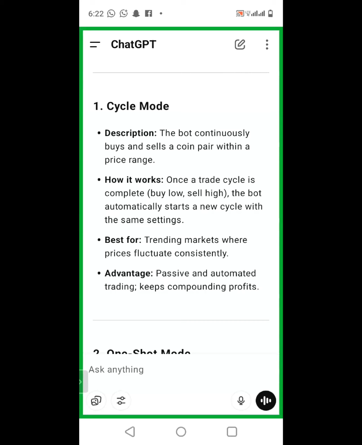When the robot buys the coin for you at a low price and sells it at a high price, and the market of that coin has finished, the robot will start it all over again without you being there. So that is the functionality of the cycle.